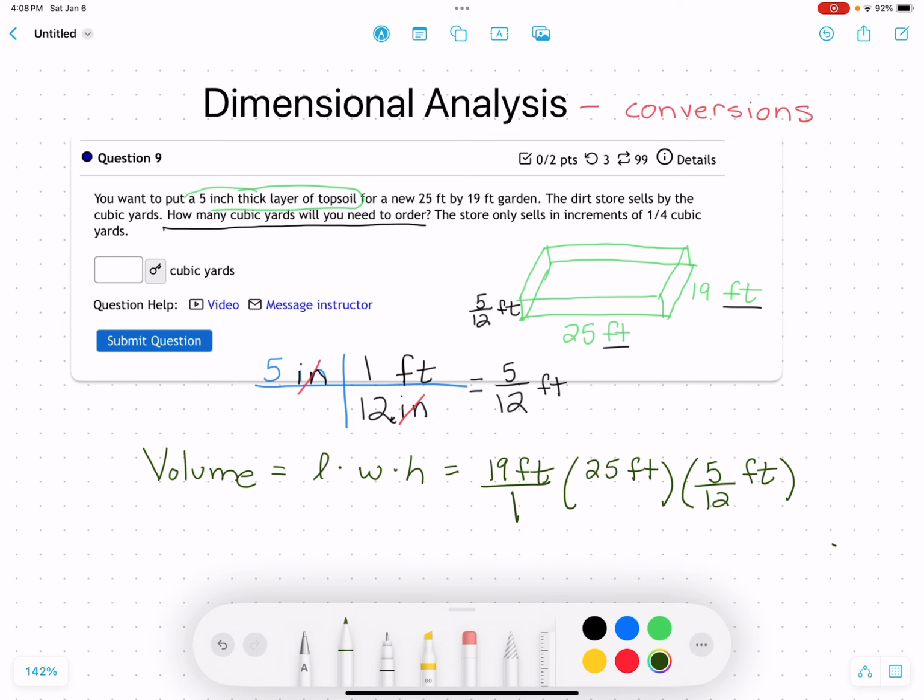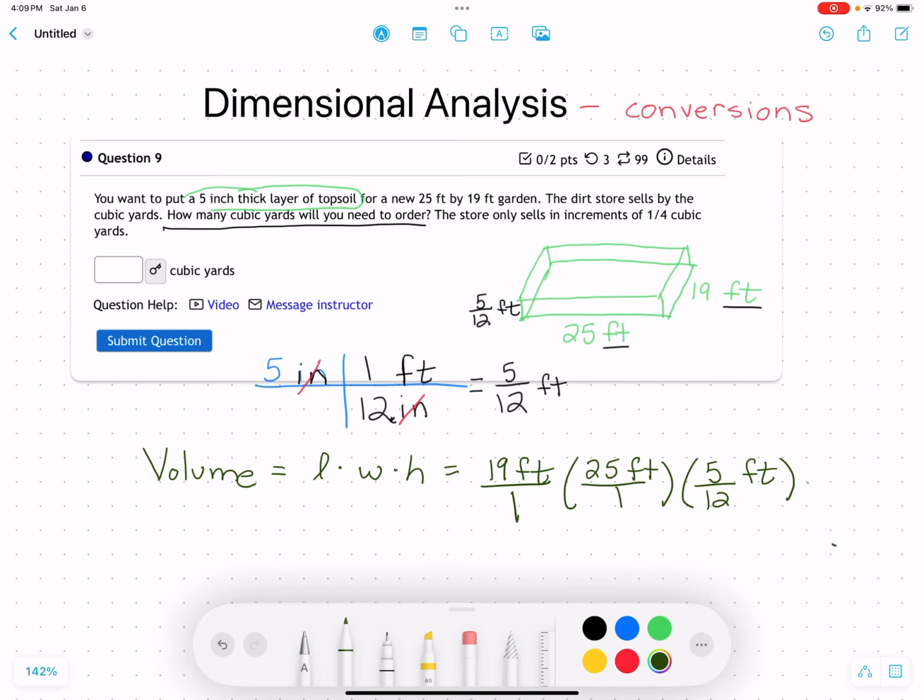I'm going to put 1 over these guys. What I'm going to do is multiply all of that, maybe if I can find a calculator, and I multiply the numerators all through. 19 times 25 times 5.